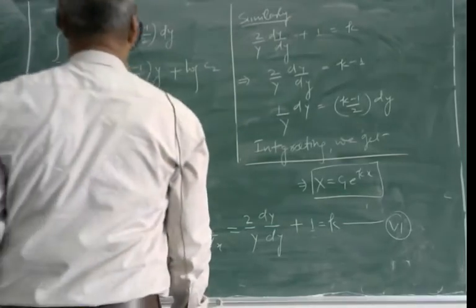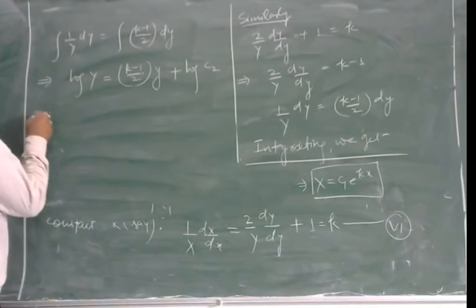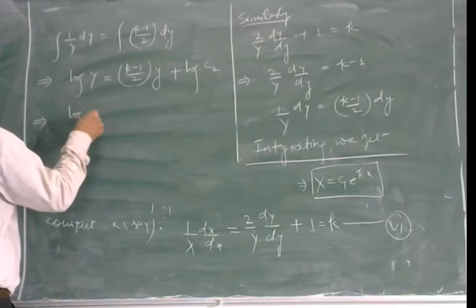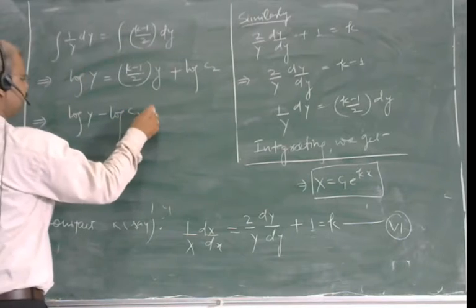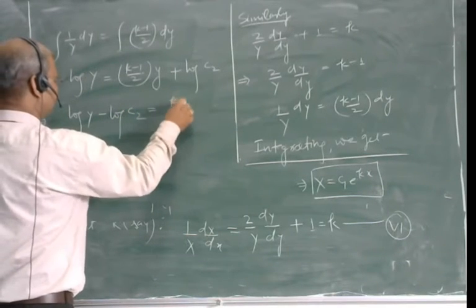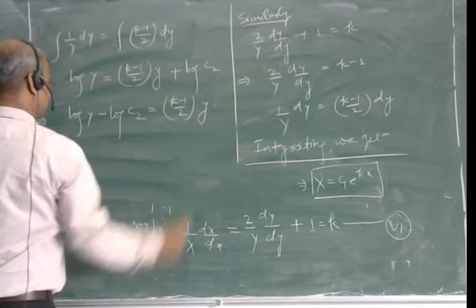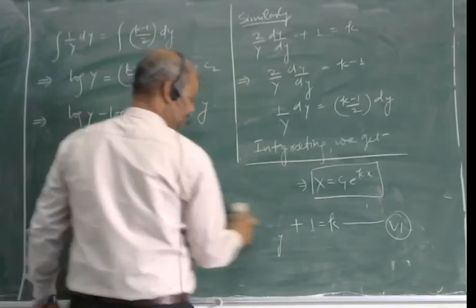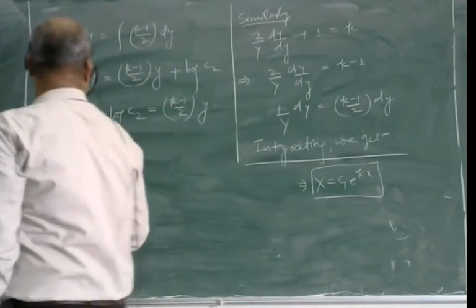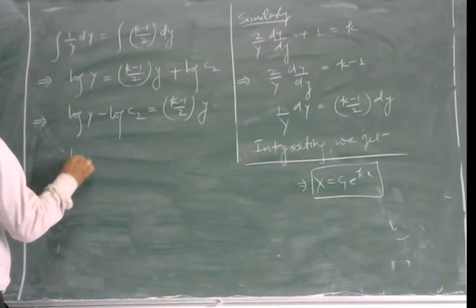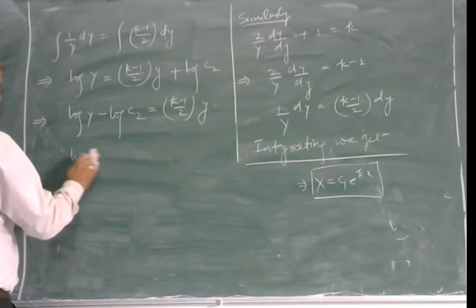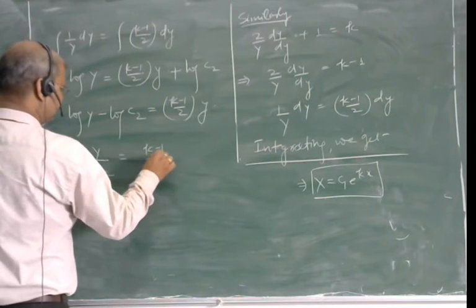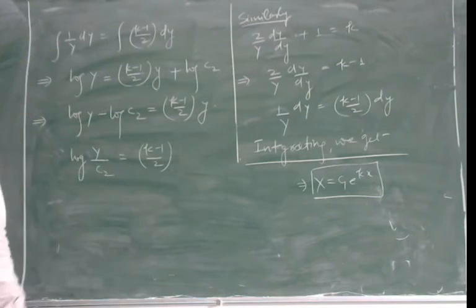So here it can be log Y minus log c2 is equal to (k minus 1)/2 into y. Okay, students, so after simplification, it becomes log (Y/c2) equal to (k minus 1)/2 into y.